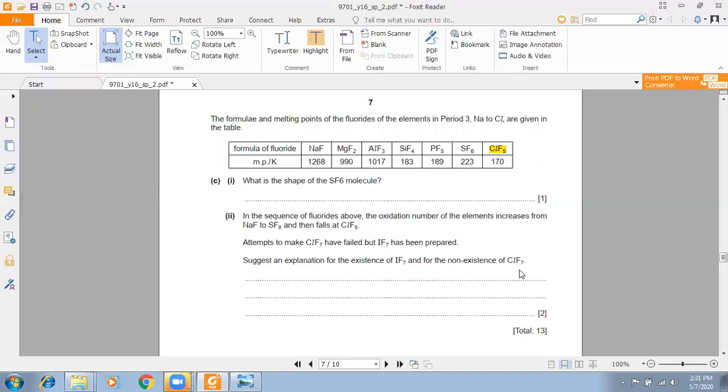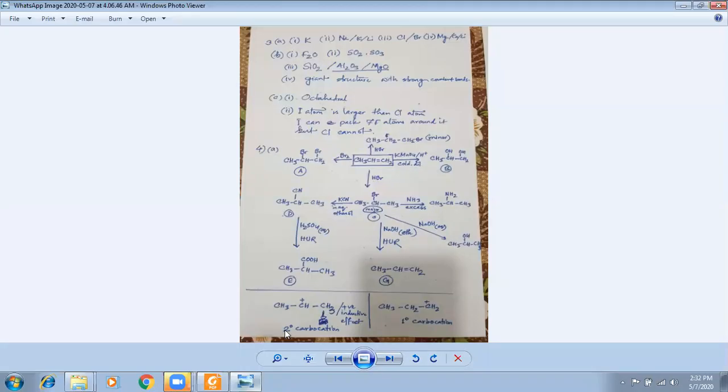So you see that chlorine is a small atom. When we compare iodine and chlorine, chlorine is a small atom. So it cannot make a bond with 7 fluorine atoms. There is no space to accumulate 7 fluorine atoms. Instead, it accumulates 5 fluorine atoms. It can only make a bond with 5 fluorine atoms.